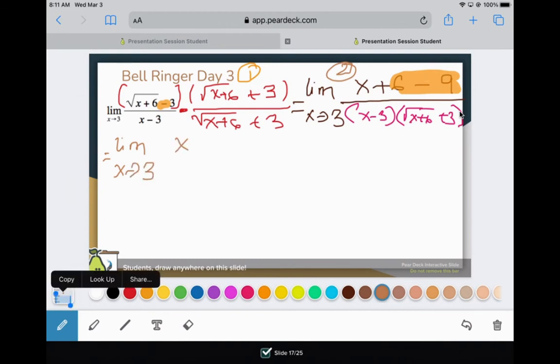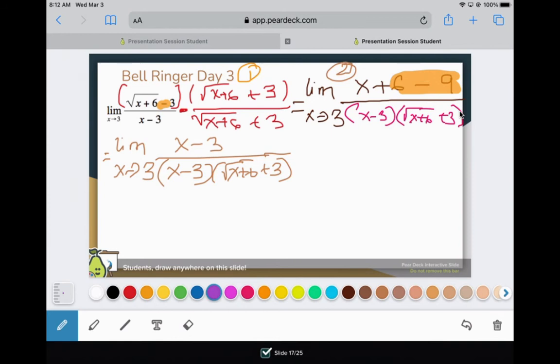The numerator is going to be x minus 3, over root x plus 6 plus 3. Okay, that's the whole purpose of us multiplying the conjugate, so that we can cancel out the factor in the bottom, and then we can get rid of that square root on the numerator. Okay.